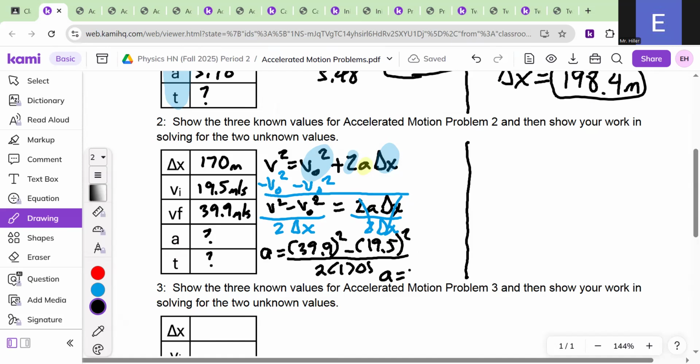And I'm getting an acceleration of roughly about 3.56 meters per second squared.